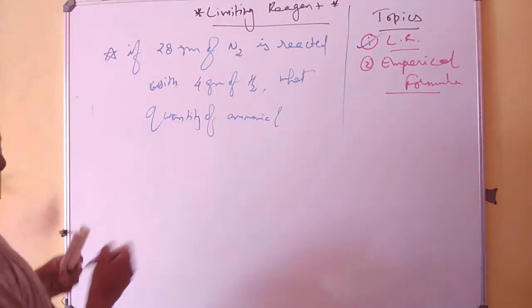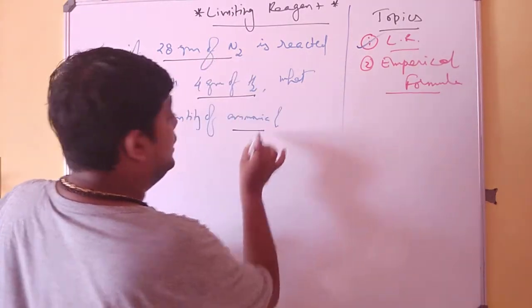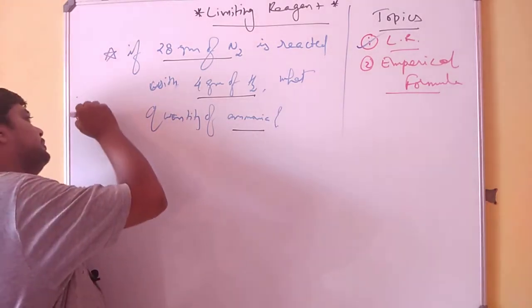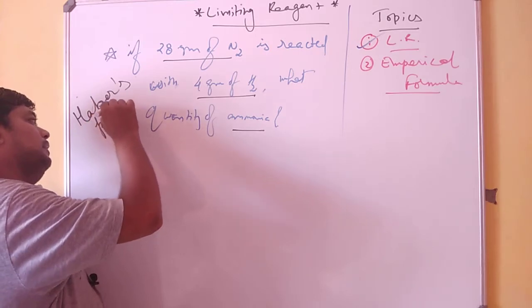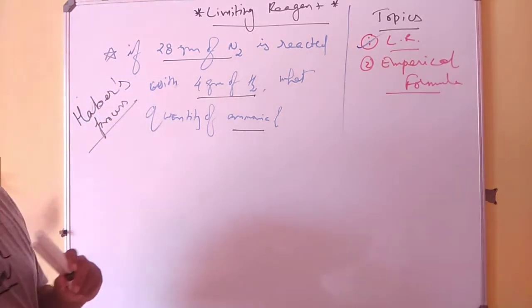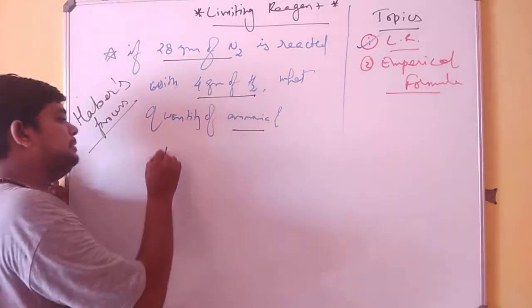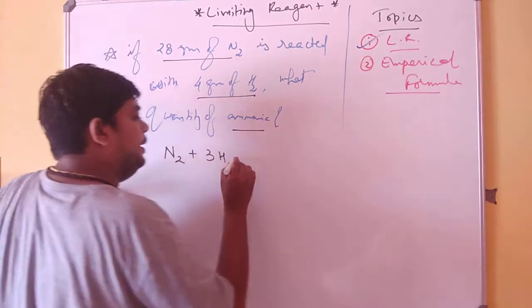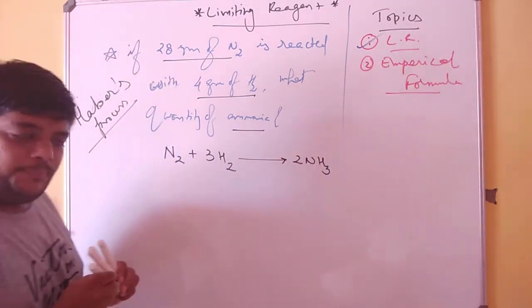See what happens. These types of questions are not provided with the equations, but from the question itself you can judge that we are talking about Haber's process. It is the process by which ammonia is obtained. So you have a very simple reaction: N2 plus 3H2 gives 2NH3.